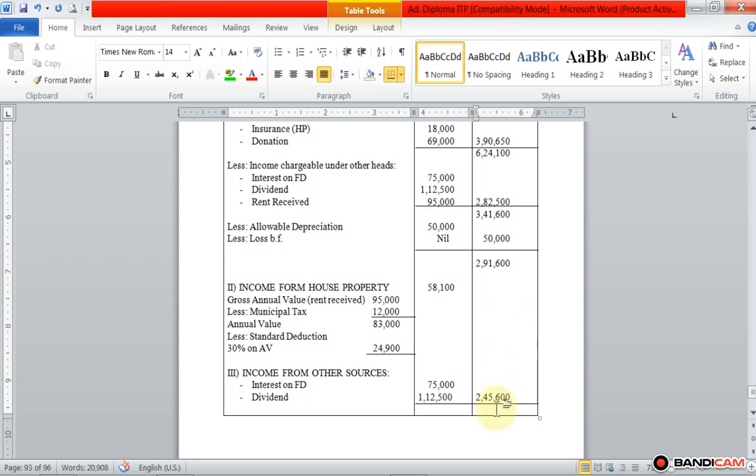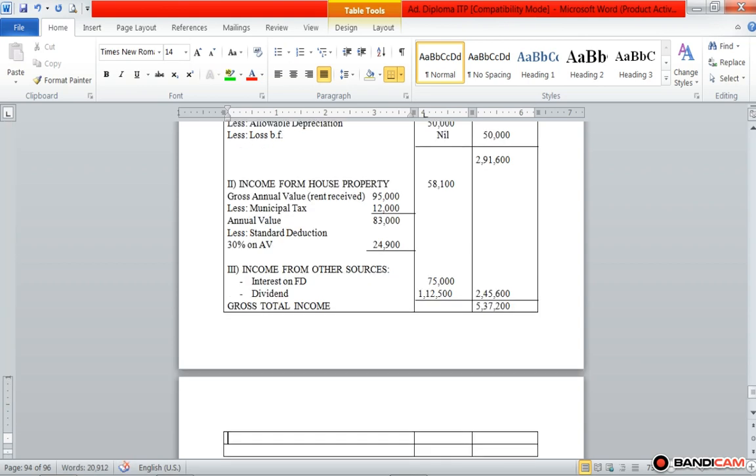We get a gross total income of 5,37,200. Okay, 5,37,200 is the gross total income.